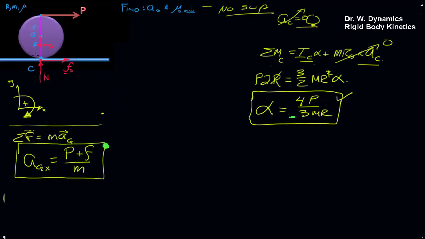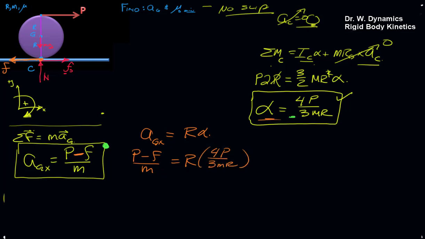Let me quickly show what would happen if we had guessed friction to be in the wrong direction, because this is often something that worries people, that they have to pick the right thing right off the bat. Let's assume it was in this direction. That would make this a minus down here, and a Gx would still be equal to r alpha that we had before. So P minus F over m would be r times this alpha, which is 4P on 3mr.